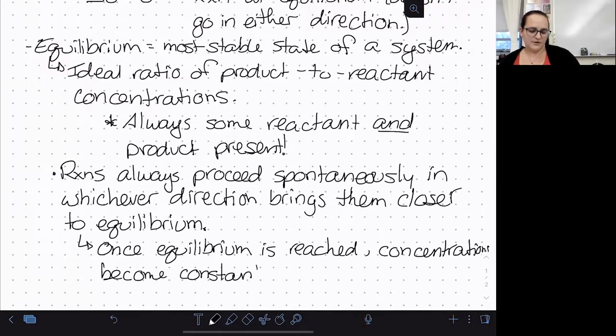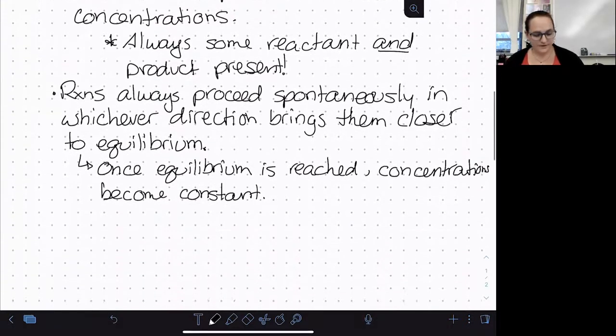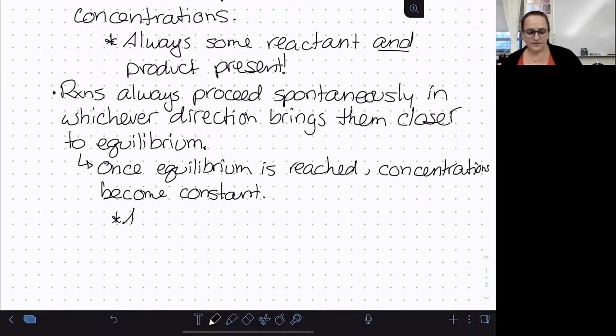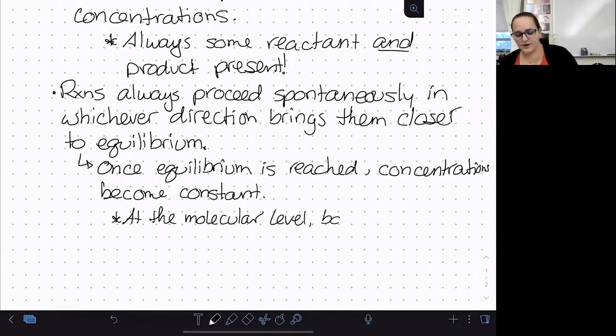When a reaction is reacting, if we're going in the forward direction, reactants are being consumed and products are being produced. There's always some concentration decreasing, some concentration increasing. But once equilibrium is reached, our concentrations become constant, they stop changing. So it seems like nothing is happening. However, at the molecular level, both the forward and reverse reactions are still occurring.